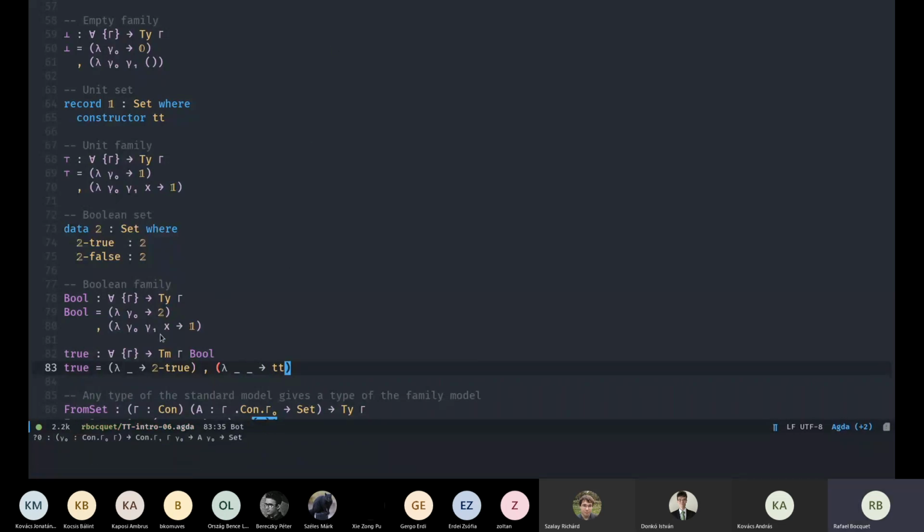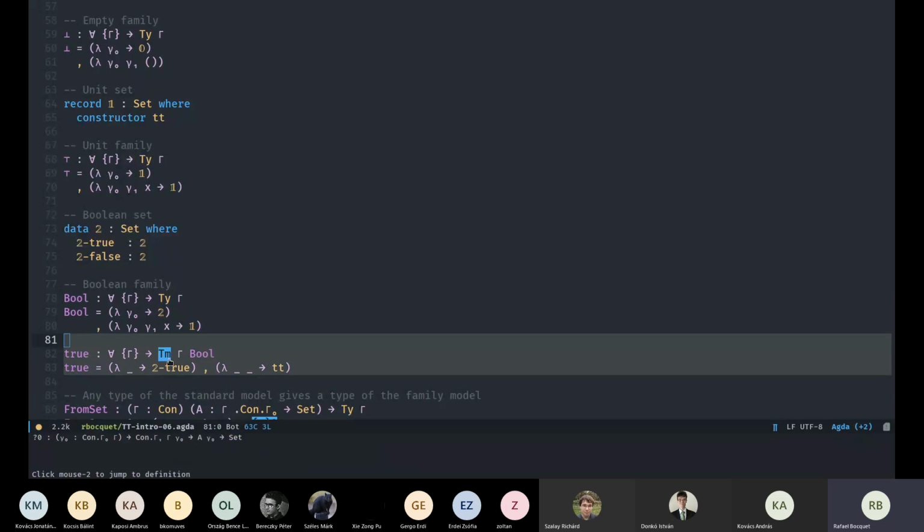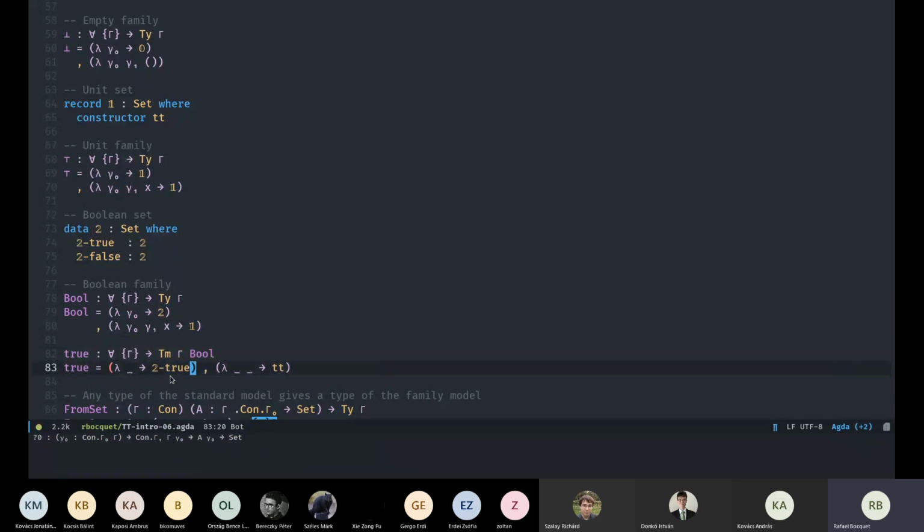Okay, and what happens in truth is that the choice between true and false is made in the first component, and then the second component. Well, the choice was already made, so we don't really want to add another bit of information.